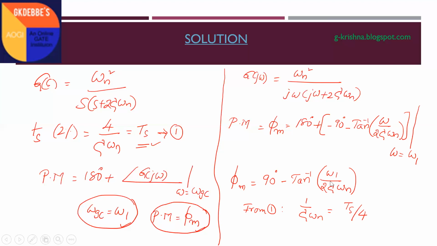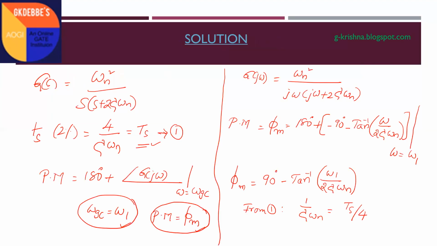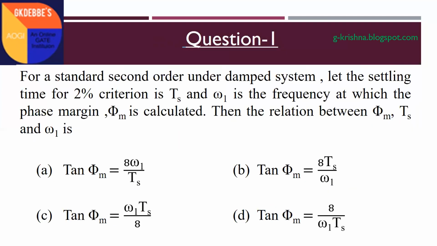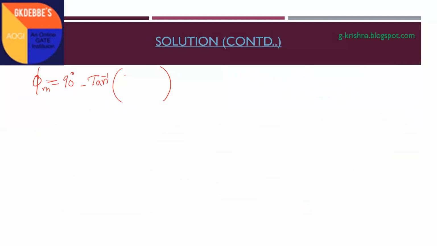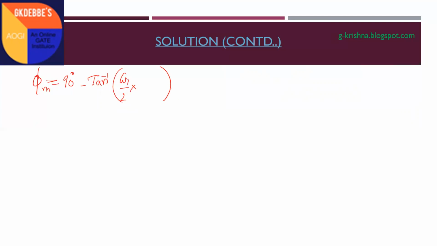Substituting this in the above equation, phi m is equal to 90 degrees minus tan inverse of omega 1 by 2 into 1 by zeta omega n, which is Ts by 4.